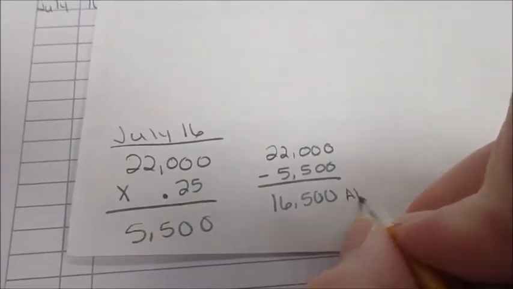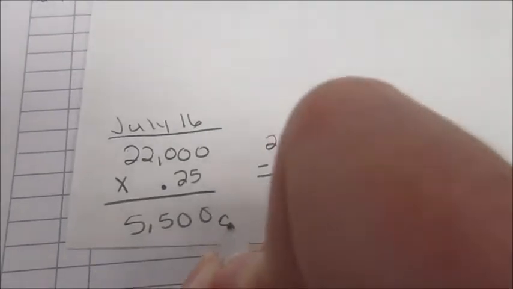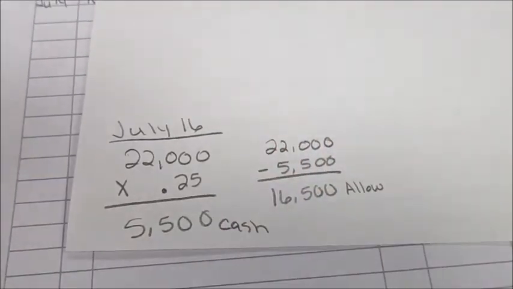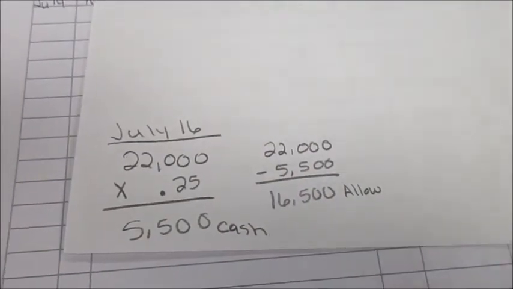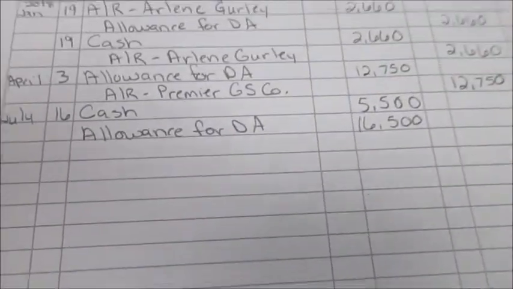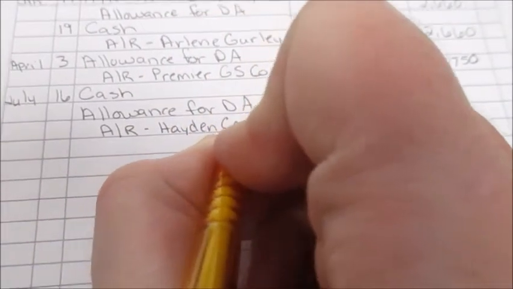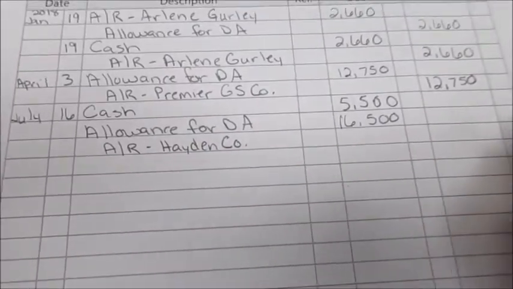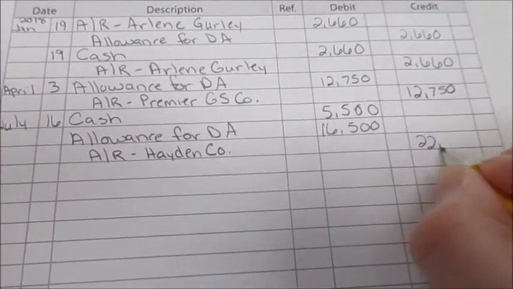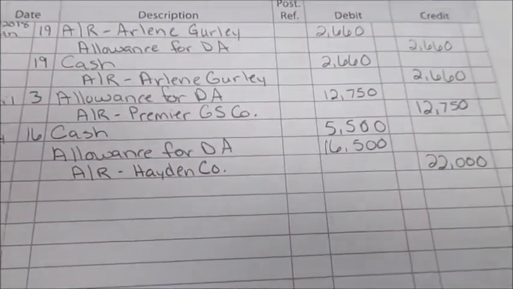Okay, so this gives us our allowance amount. This was our cash. Then we're going to credit the accounts receivable for the full $22,000 to close that account.